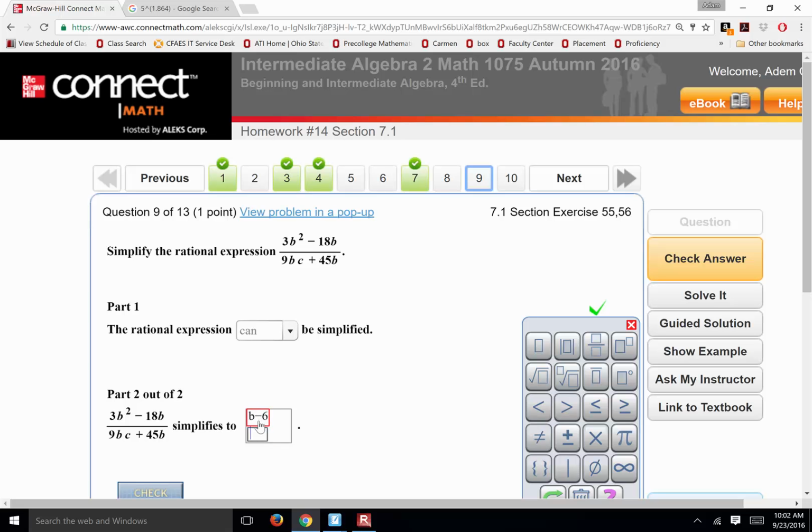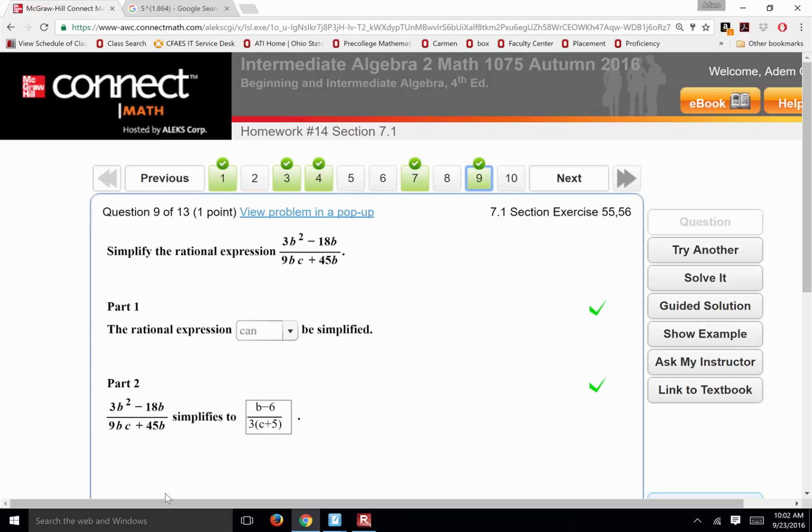And 3 parentheses C plus 5. Okay, let me double check. Yep, we're good. Okay. Any questions?